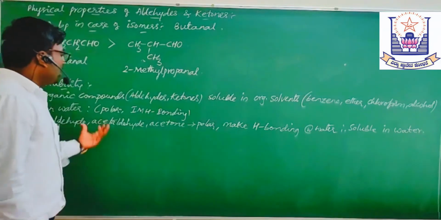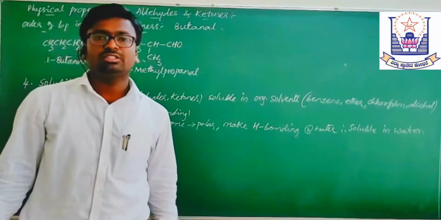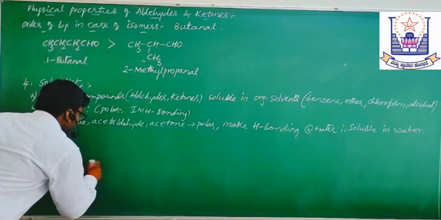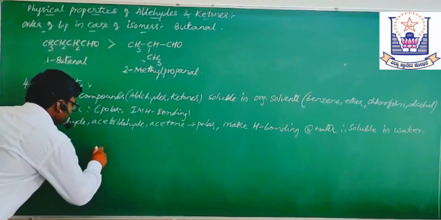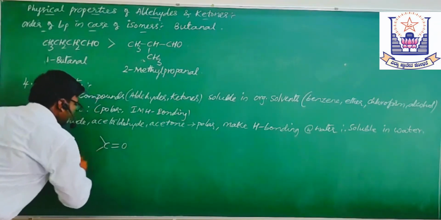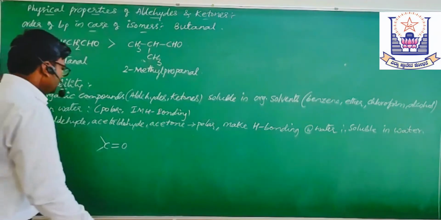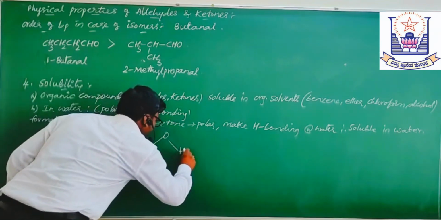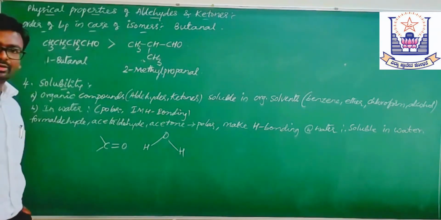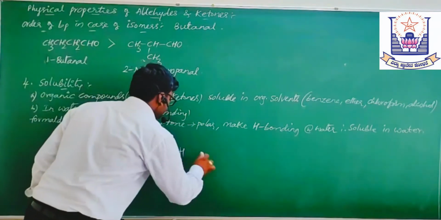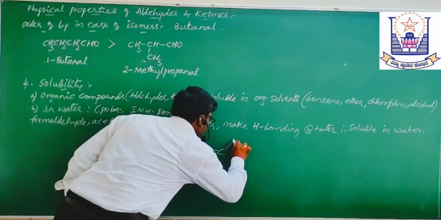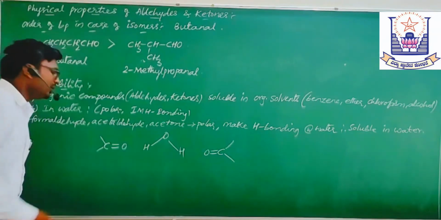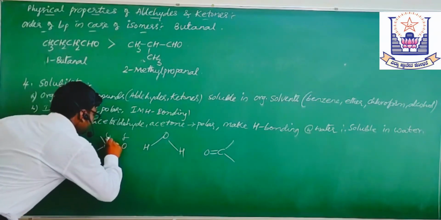How are aldehydes or ketones going to make hydrogen bonding with water? Let us see that. For example, I have a C double bond O, which may be an aldehyde or a ketone, and take the water here, H2O. The carbonyl group is polar, delta minus, delta plus.